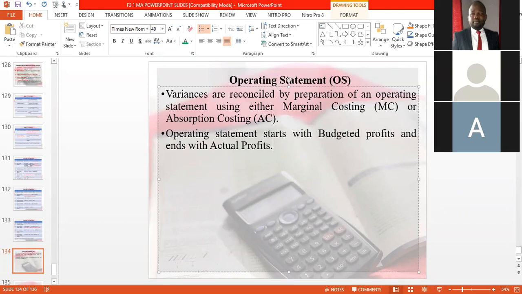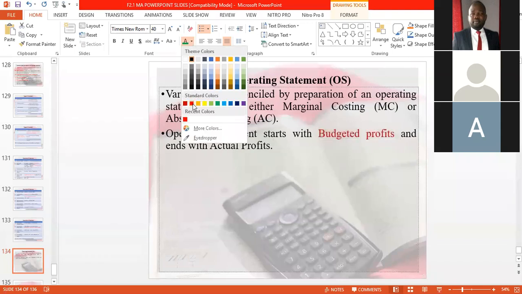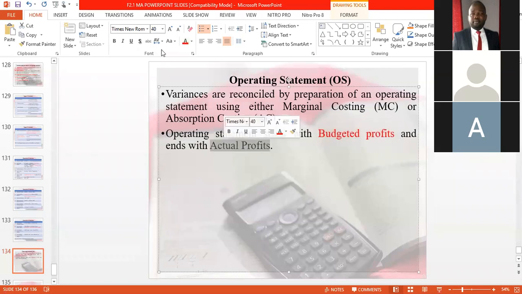So the operating statement normally starts with budgeted profits, and it ends with actual profits.